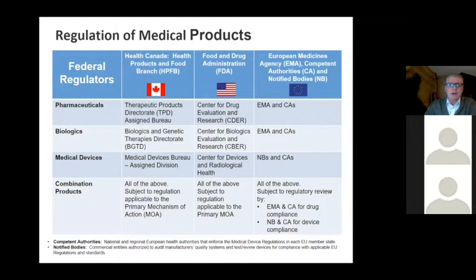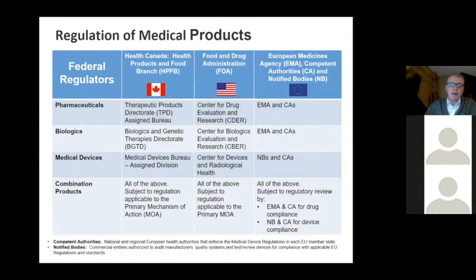Notified bodies are commercial entities that are actually authorized to audit manufacturers' quality systems and to conduct testing and reviews of medical devices on behalf of the competent authorities to ensure compliance with the applicable regulations and standards.